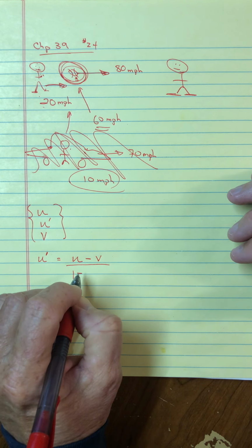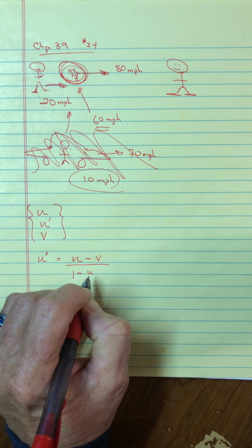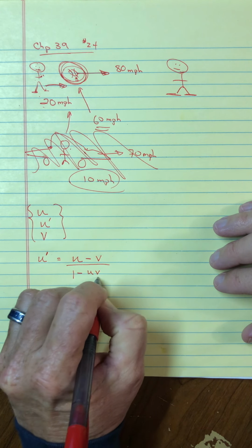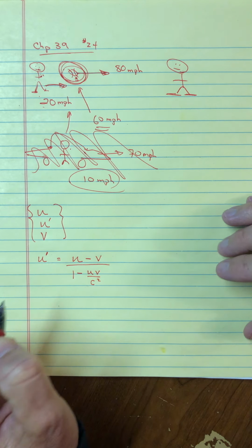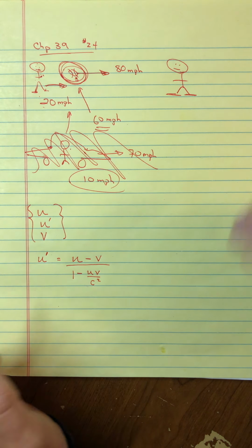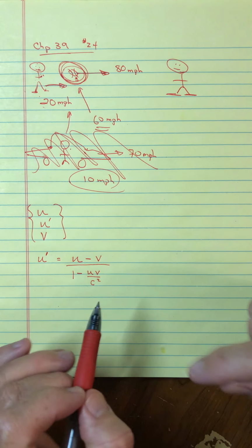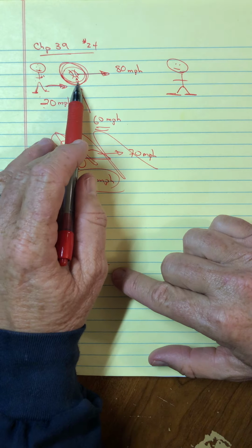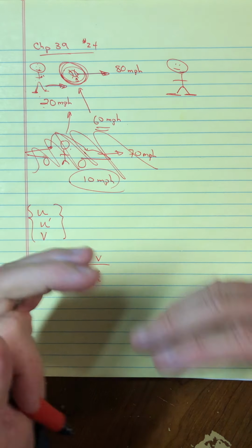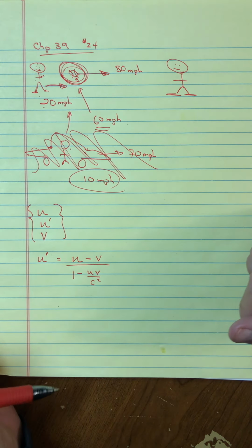But now there is this extra factor down here that has to do with the time dilation and length contraction, and also is the mathematical piece that will never, ever let this object appear to go faster than the speed of light from any observer.